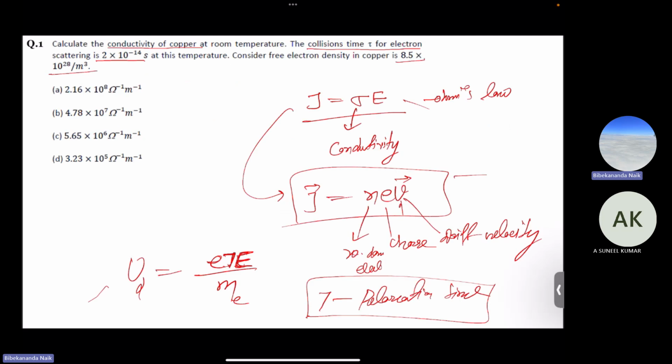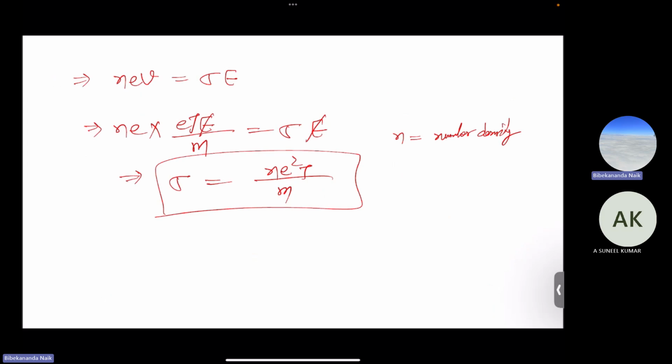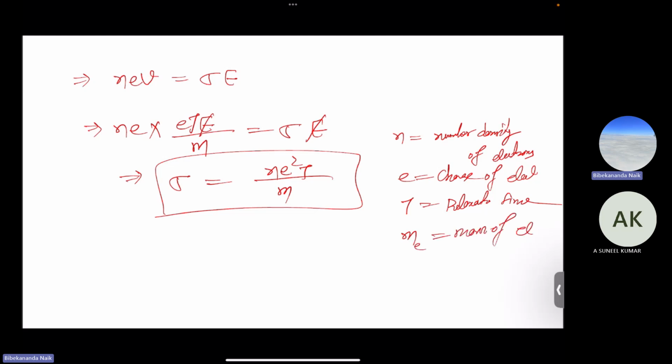Here in the question, the free electron density in copper is 8.5 × 10^28 per meter cube. So this is the number density of electrons, e is the charge of electrons, τ is again the relaxation time, and m is the mass of electrons. So this is the required formula to calculate the conductivity.